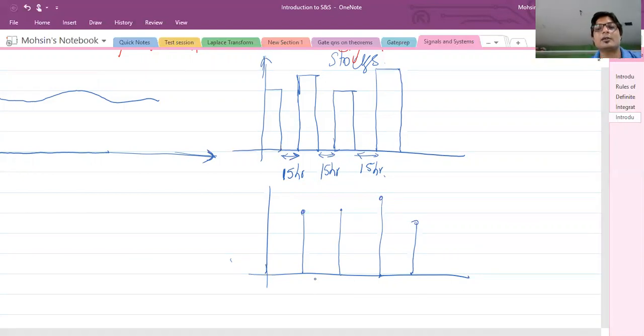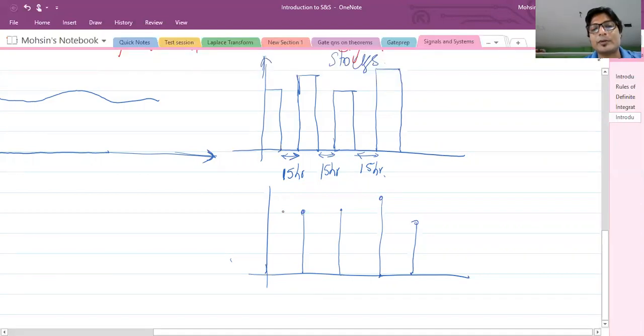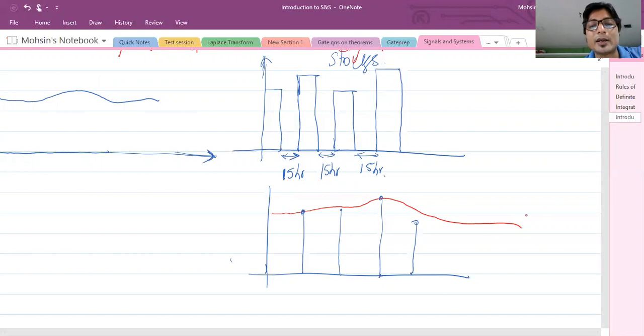That is, if there is a continuous time signal, that continuous time signal can be sampled. Suppose I take the example of temperature. The temperature is changing continuously. Now I want the temperature at different instants. I do not want to see the temperature at every instant, I want to see it at particular instants. Say in the morning, 10 a.m., 11 a.m., likewise I'll give a 1 hour gap between each reading.